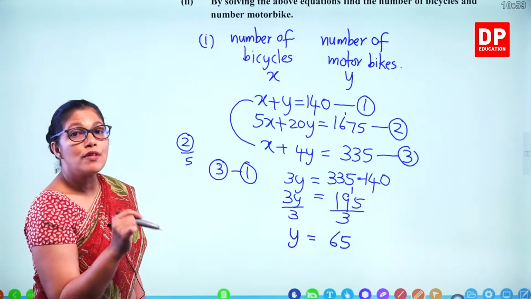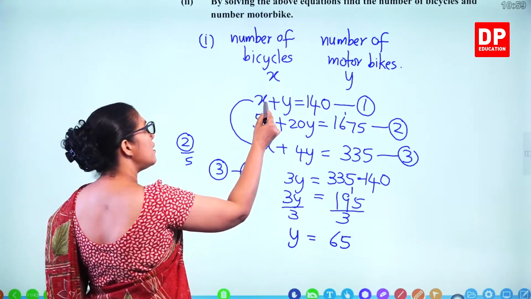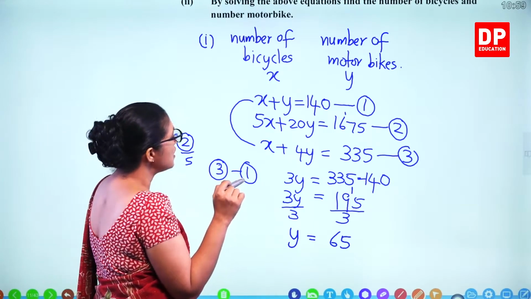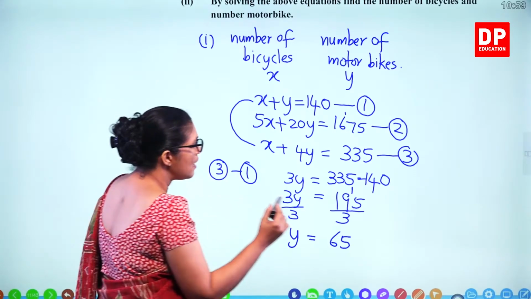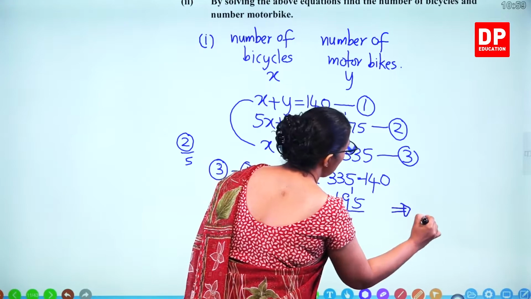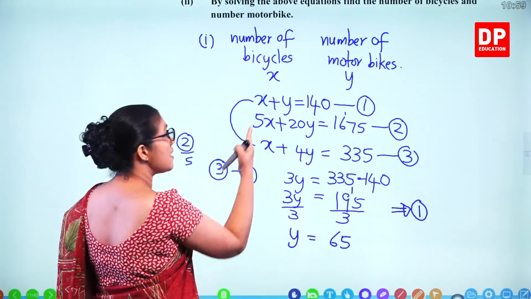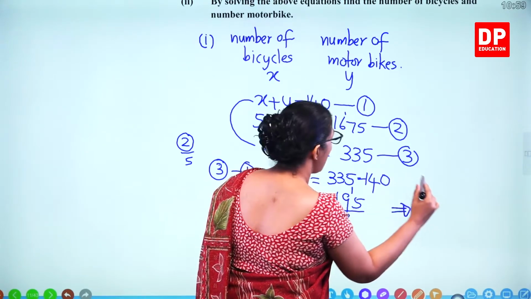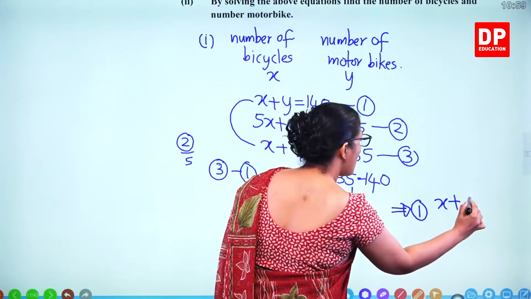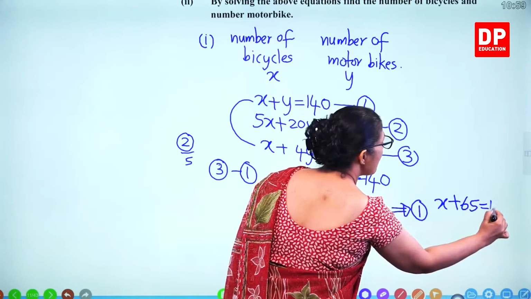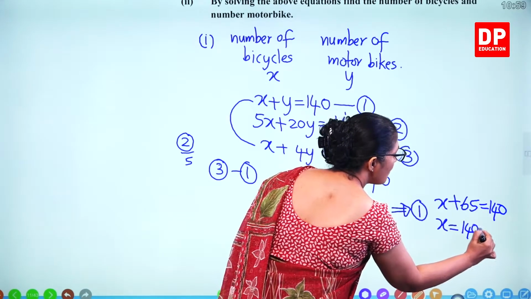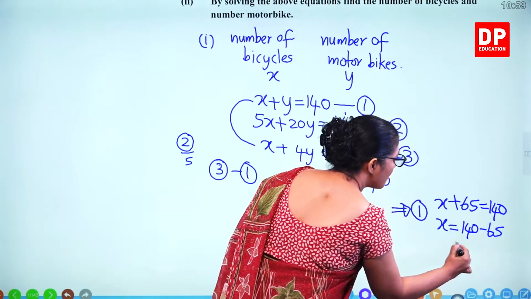So you can use the first equation to find out the number of bicycles. Substitute y equals 65 in 1. You can take any one of the equations. It's easy to substitute in the first one. So you get x plus 65 equals 140. So what's x? 140 minus 65.